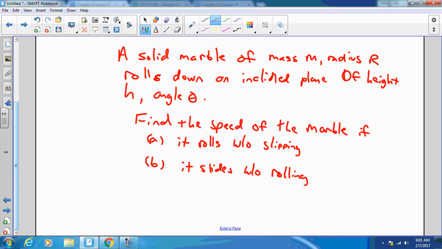No, it's a marble. But what sort of magical thing could I do to my inclined plane to make it so that the marble slides without rolling? Grease it. In other words, make it frictionless, right? So that would be the mu equals 0 case.